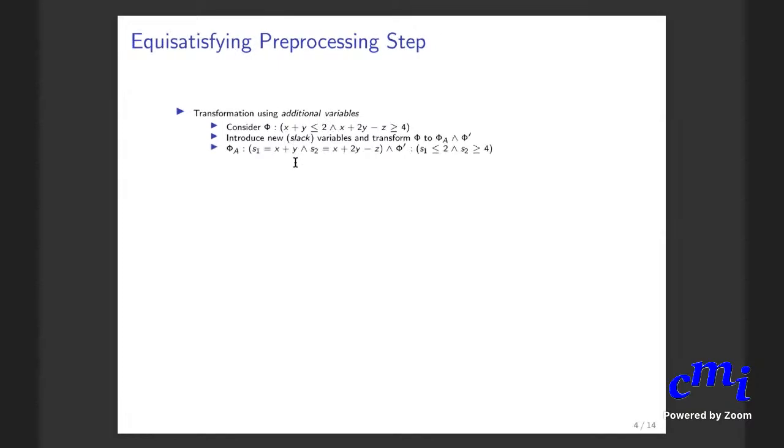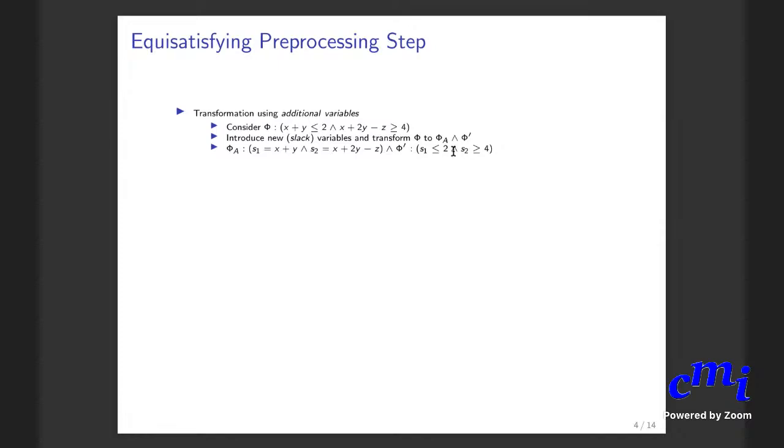For example, here you will have two new variables. I've introduced S1 and S2 to denote the value of x plus y and the other term, x plus 2y minus c, and then the inequality constraints are expressed over the newly introduced variables, in this case S1 and S2.